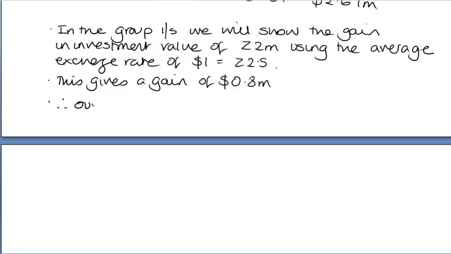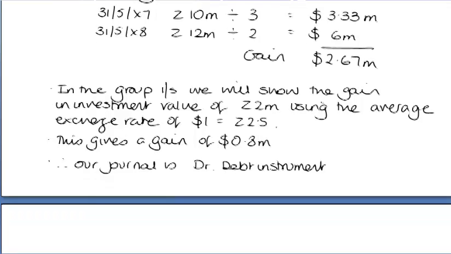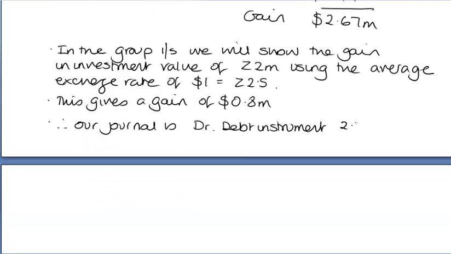Therefore, our journal is: debit debt instrument. How much has the debt instrument gone up by? It's gone up by $2.67 million. Credit income statement, $0.8 million.